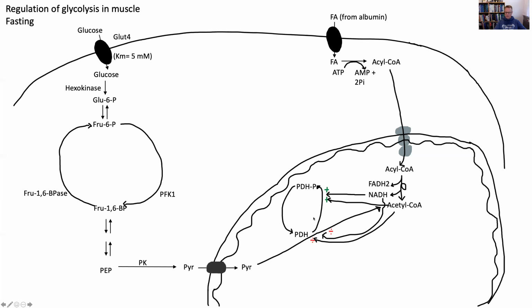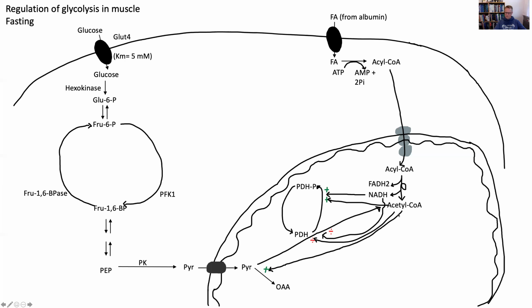And this is extremely important because that will secure that the glucose is not converted to acetyl-CoA, and it will also, of course, promote that the acetyl-CoA from the fatty acids can be oxidized in the TCA cycle.